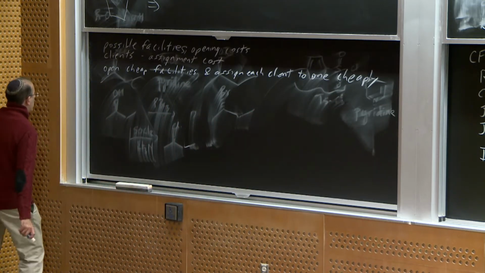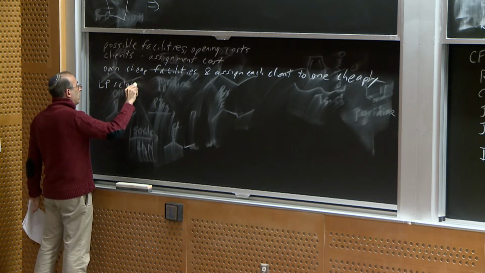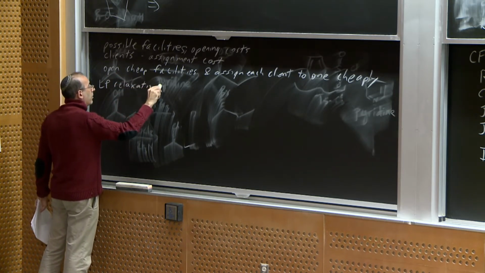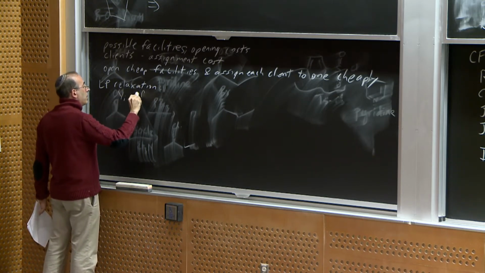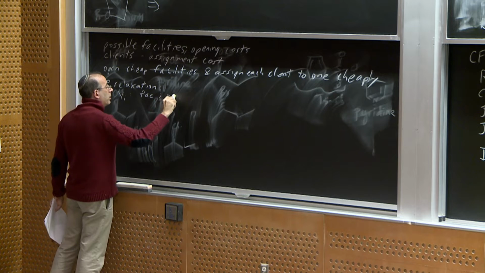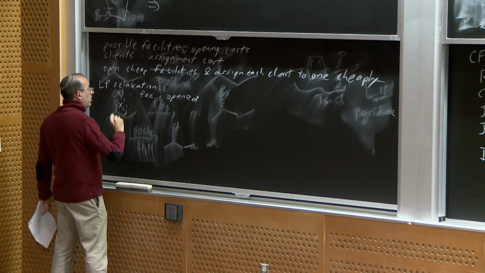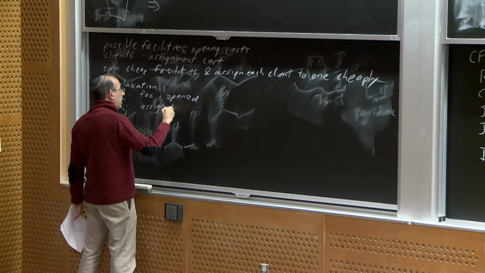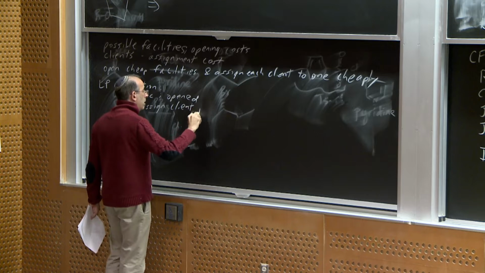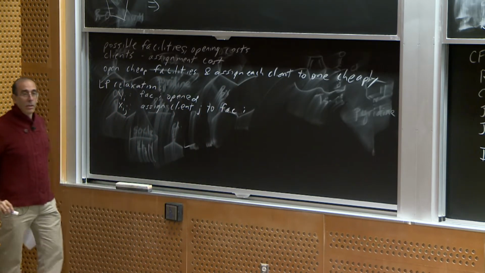And so we talked about an LP relaxation for this problem, where we have indicator variables, yi, which indicates that facility i is opened, and xij, which is an indicator variable that you assign client j to facility i.